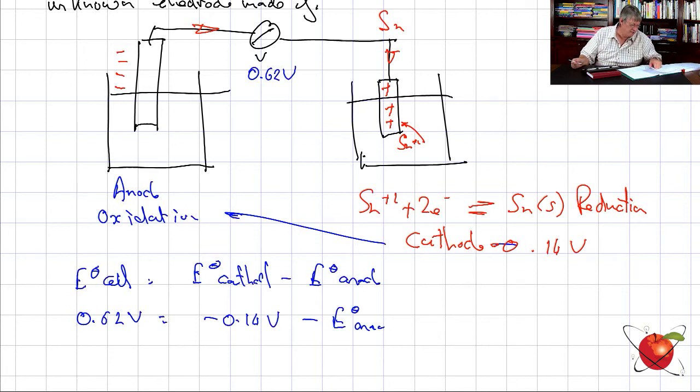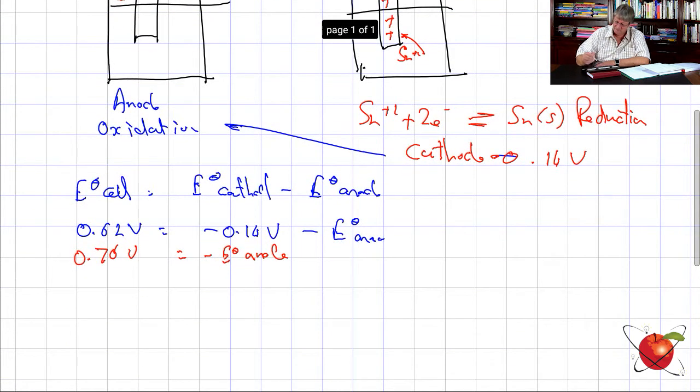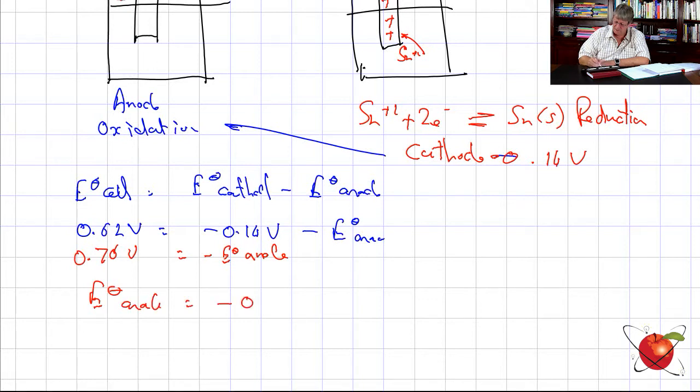We go to tin, and Sn is minus 0.14 volts. Therefore, I can take this over, then it becomes 0.76 volts equals minus E of the anode. Therefore, E of the anode must be equal to minus 0.76 volts.